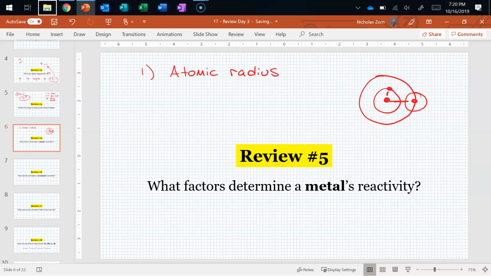So atomic radius is number 1, and then number 2 is the number of protons. As we have more positive charge building up here, there's more protons in the middle, that electron has a much stronger attraction to the protons. So when there are more protons, there is less of an attraction.